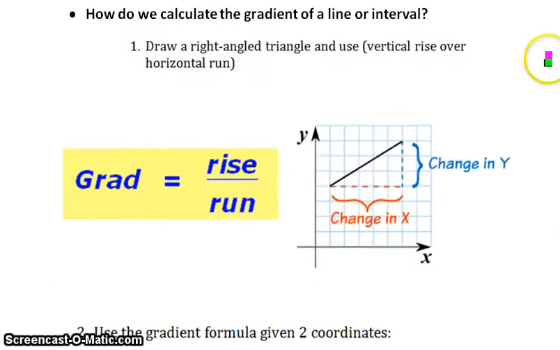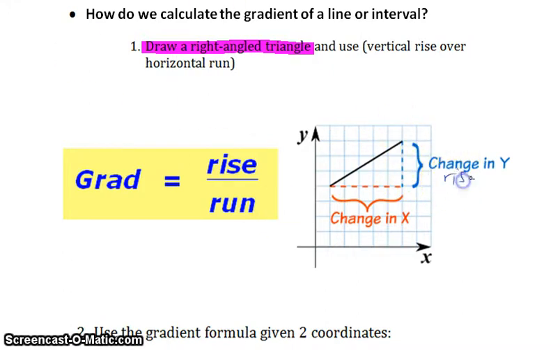How do we calculate the gradient of a line? There are lots of different ways to calculate gradient, but it's really important for you to remember that the gradient is thinking about a change in the x and the change in the y values. If you've got a line, one method is to draw a right angle triangle, and figure out the change in y, which is the rise, over the change in x, which is the run.